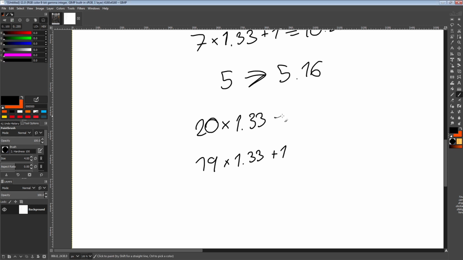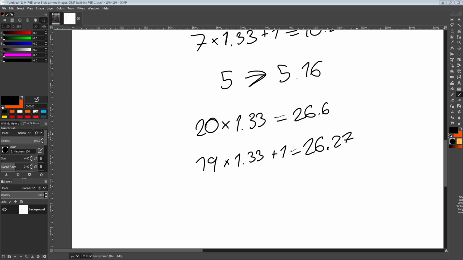So this is 26.6, which is no surprise, and then 19 times 1.33 plus 1. Yeah, see, this down here is equal to 26.27.